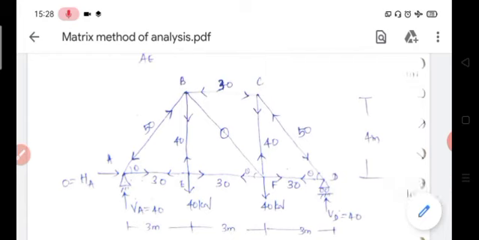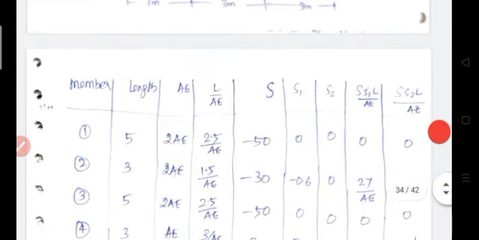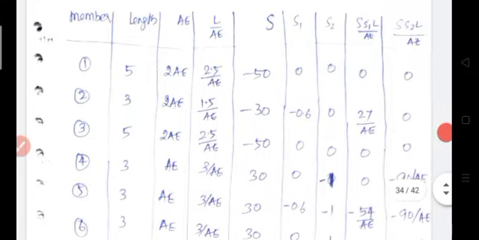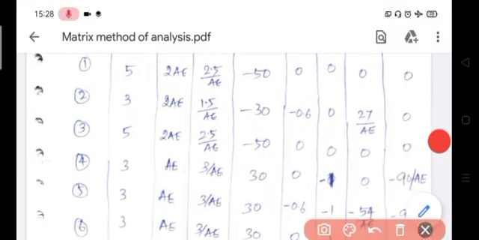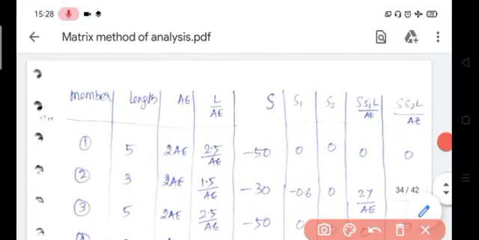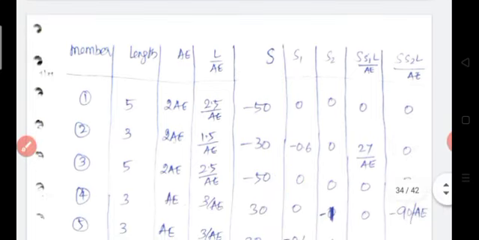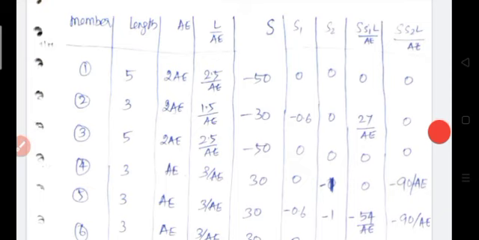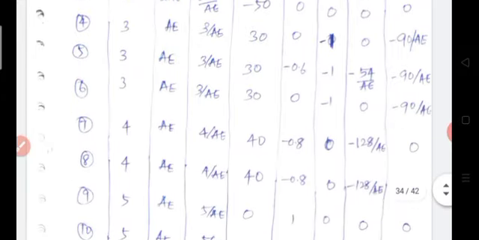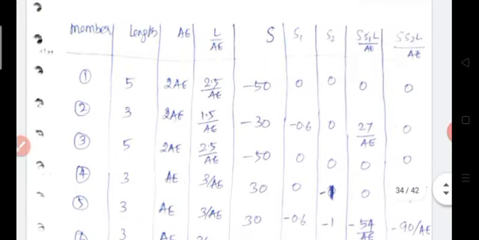Finally we determine the member force capital S for each and every member of the structure. That is written in this table. So first member 1 is minus 50. In this table we should take tension as positive, compression as negative. So write all the member forces for all the members.